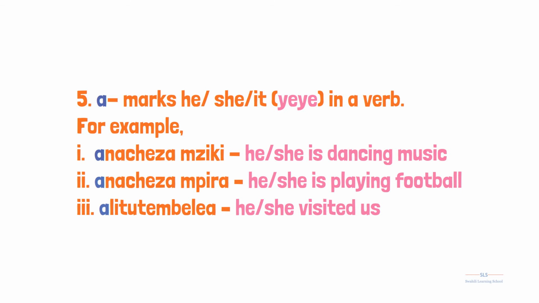So a is attached to a verb as a prefix, and it stands instead of he or she. Number three, alitutembelea, he or she visited us. So a takes us back to he or she. So when you see a in the verb, you know exactly that it marks he, she or it.